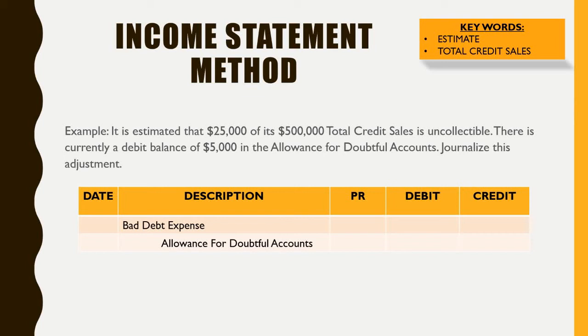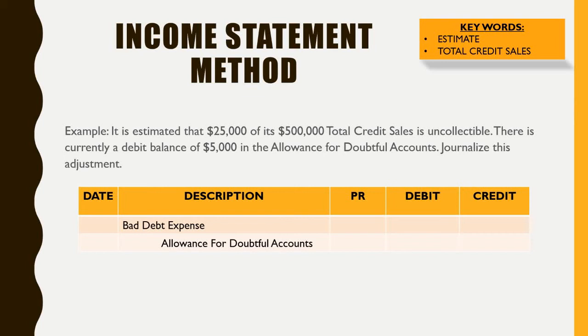So the general rule of thumb is that if your company decides to make an estimate based on your total sales, you don't care about the balance in the allowance for doubtful accounts. All you care about is just the estimated amount.